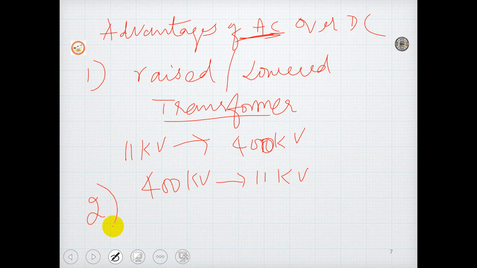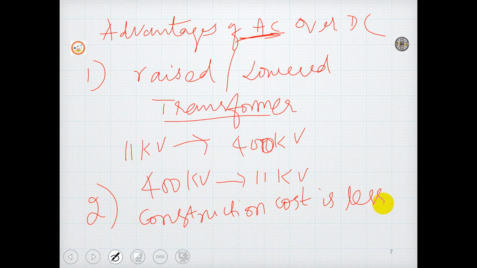The second advantage, it is possible to build high AC voltage and high speed AC generators of large capacities with less construction cost. So construction cost is less in the case of AC when you want to build an AC generator of large capacities.